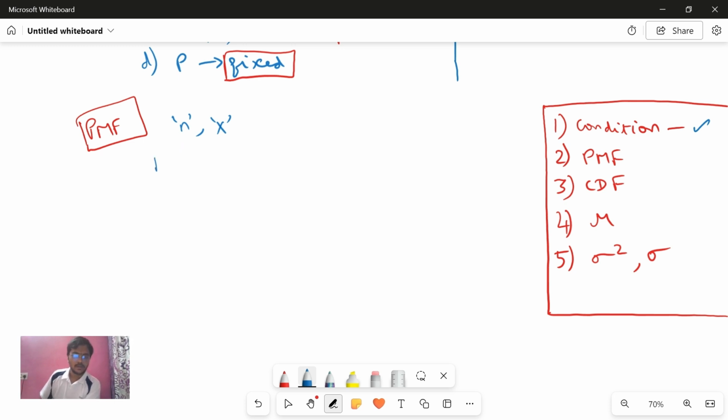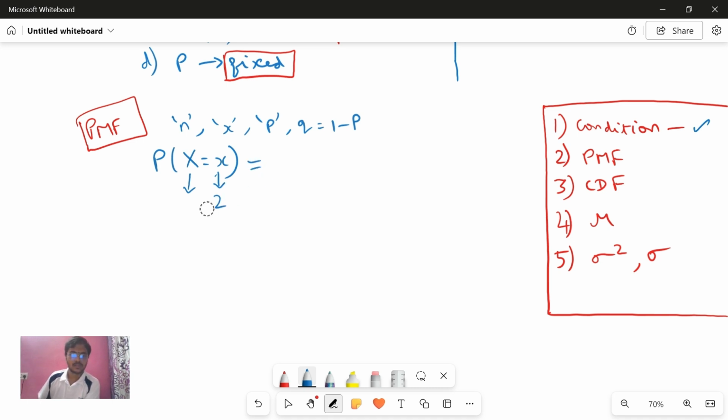The probability of success is p, and q is 1 minus p. So the probability of the random variable X equal to x. In our case, the probability of getting two heads, where getting a head is the random variable, and the number two is the small x.